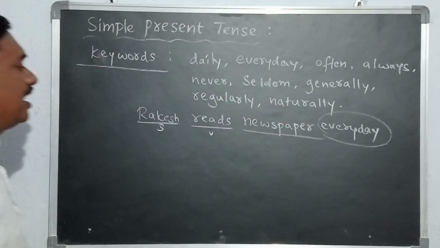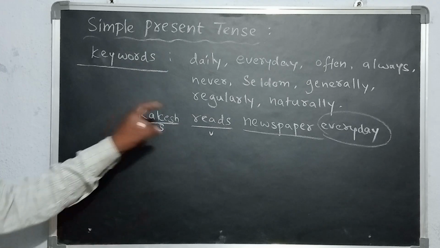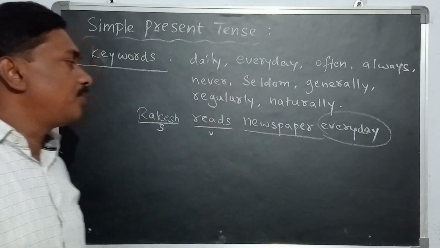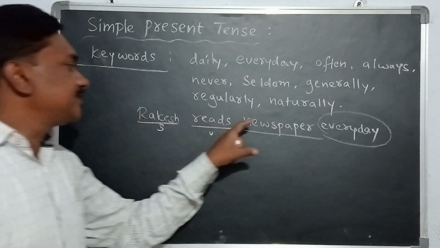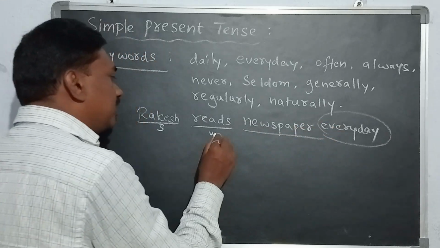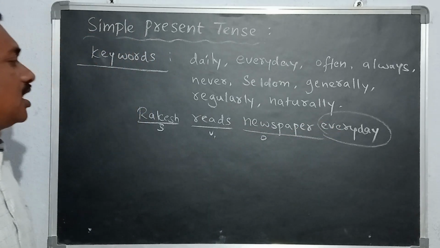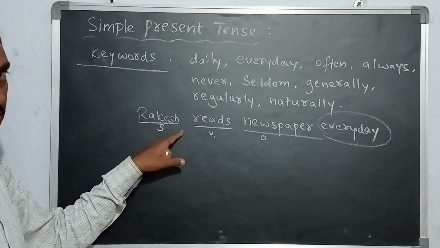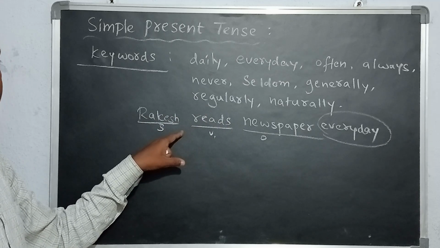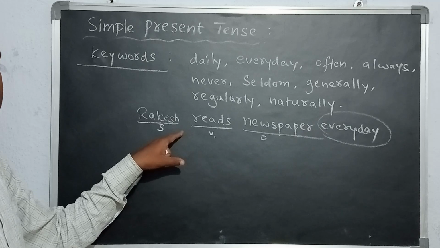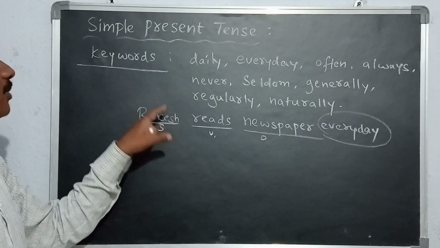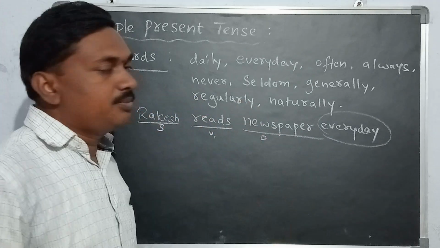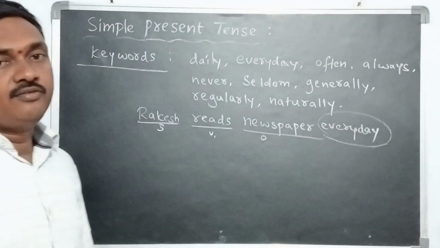This indicates the habit of Rakesh. So generally habits are expressed in simple present tense. Rakesh reads newspaper every day. Subject, verb 1, object. According to sentence structure, this is correct in simple present tense. According to usage, generally habits are expressed in simple present tense. So this is Rakesh's habit. Every day is the keyword.